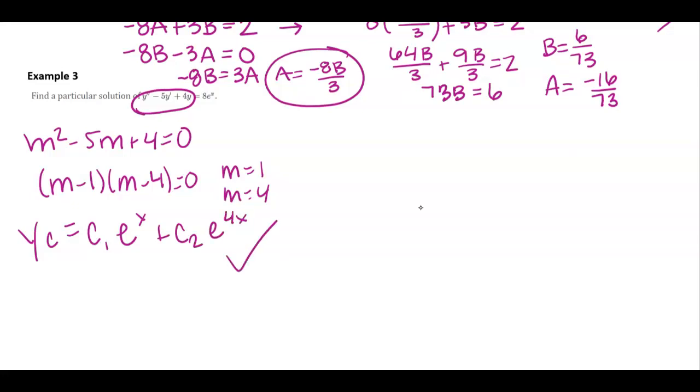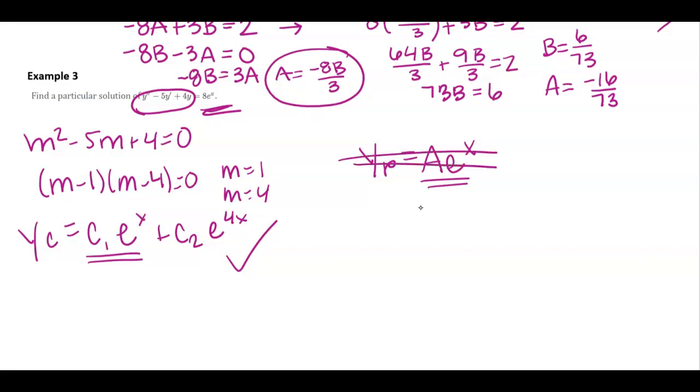And this would be good for that left-hand side. What I need for you to recognize, though, is if I let my particular solution just model the right-hand side, I don't have linearly independent solutions here.